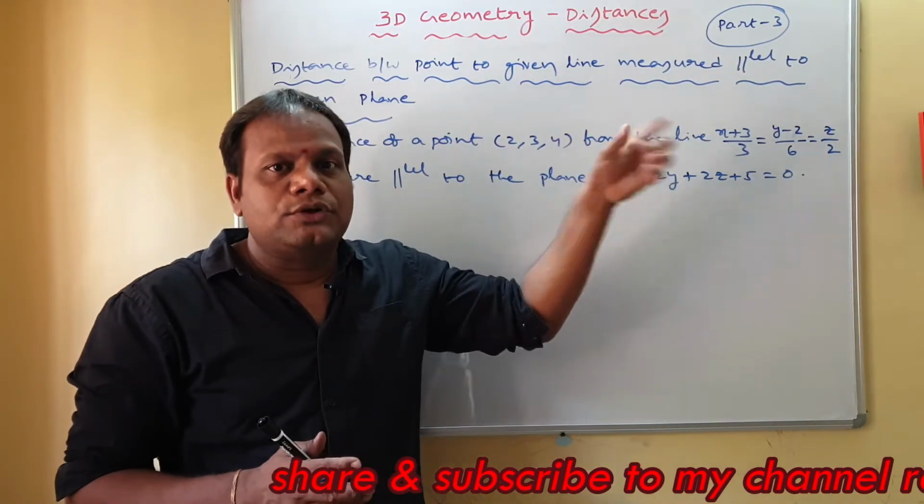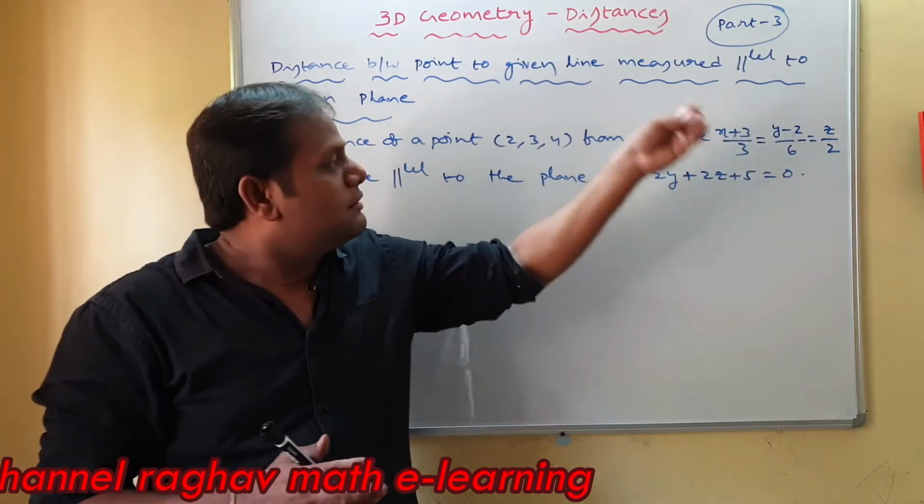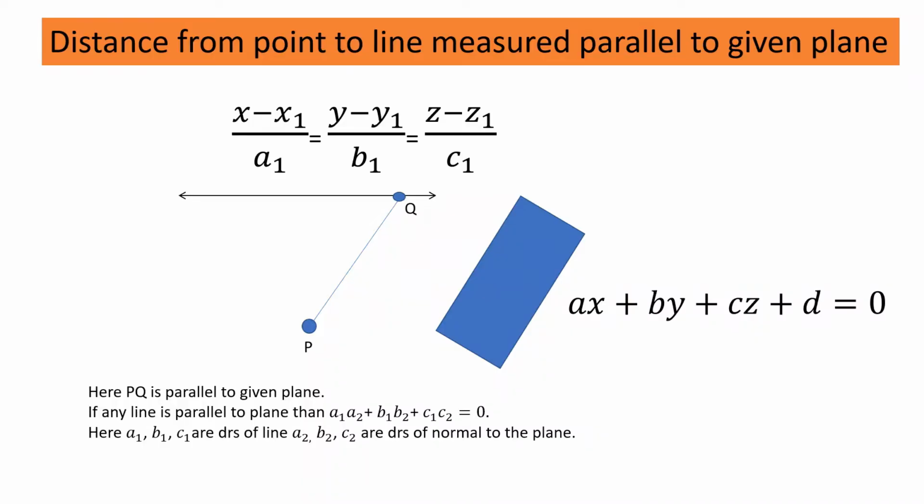Distance from a point to given line measured parallel to given plane. So here a line equation is given. This is the line given, and a point P is given.